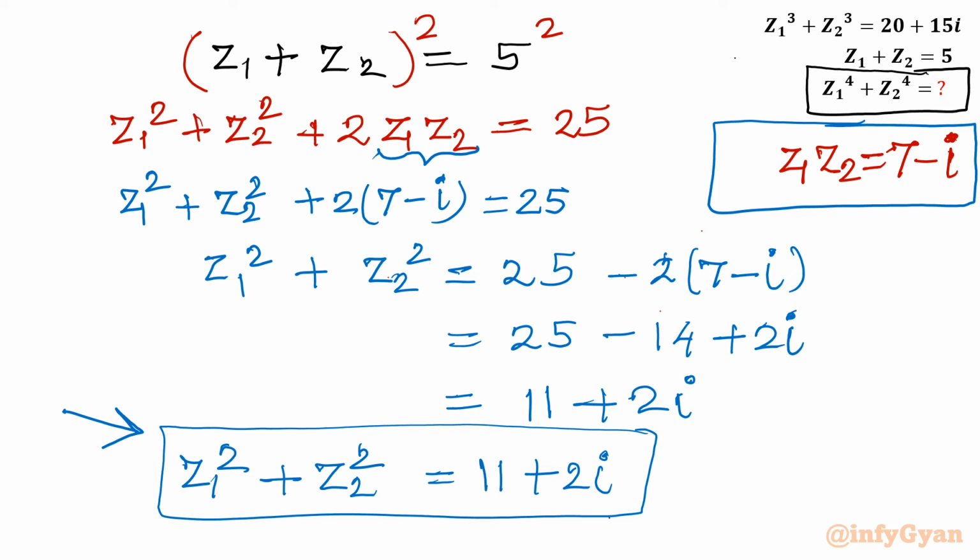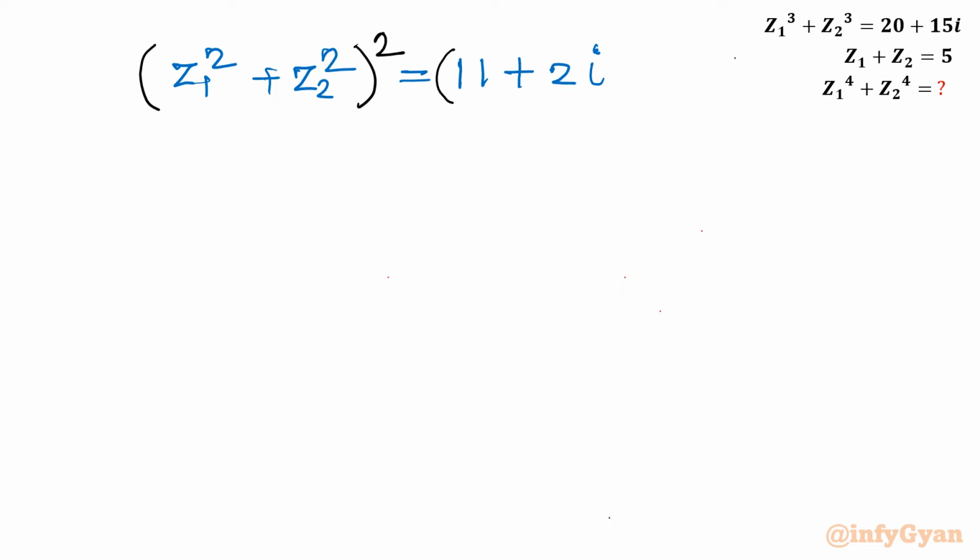Let's consider squaring once again. So I will write 11 plus 2i, which is the value of z1 square plus z2 square. Now I will consider squaring once again, knowing that z1 z2 is equal to 7 minus i. A plus b whole square again.